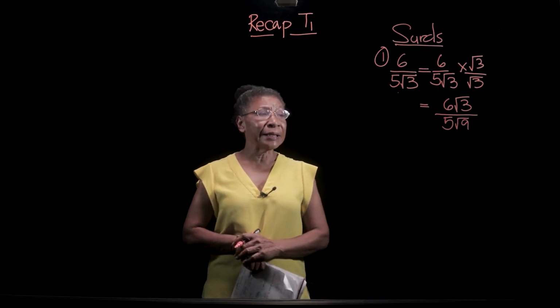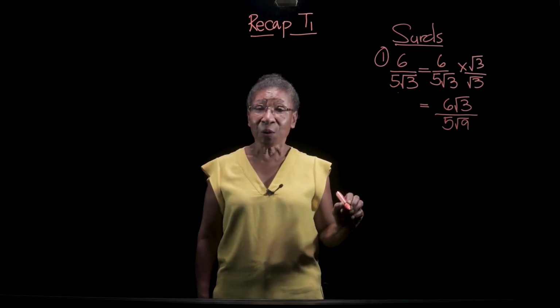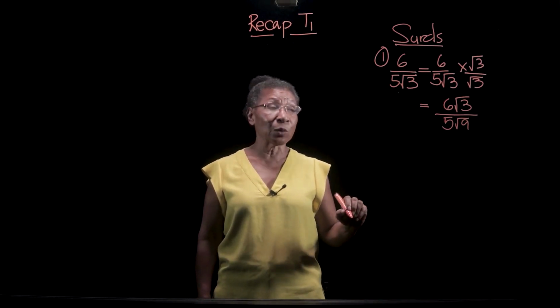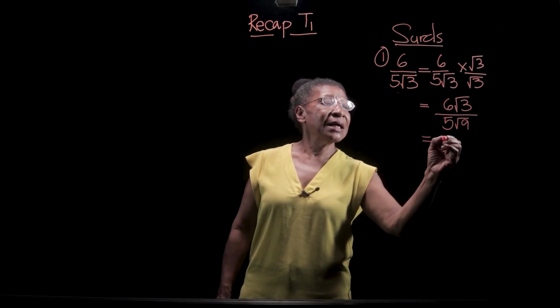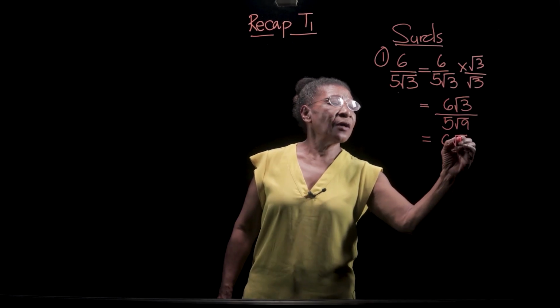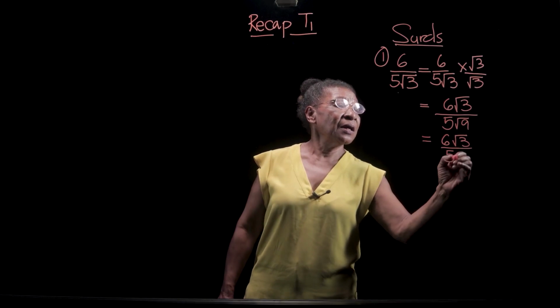With 5 root 9, we know that we can find the square root of 9, which is 3.